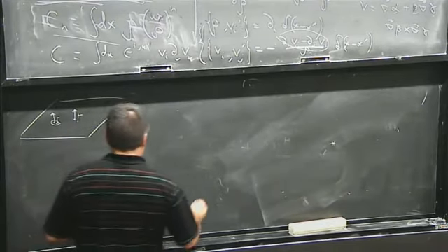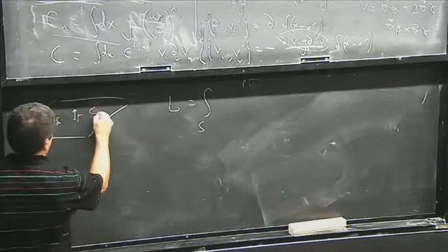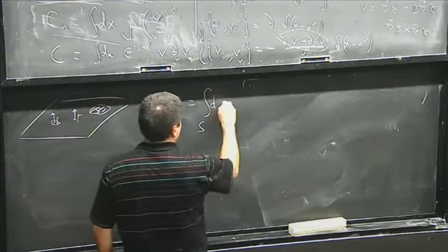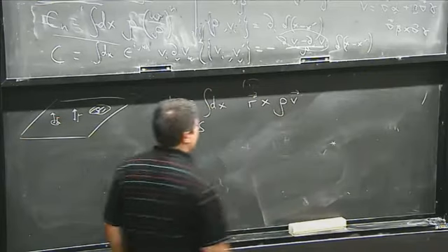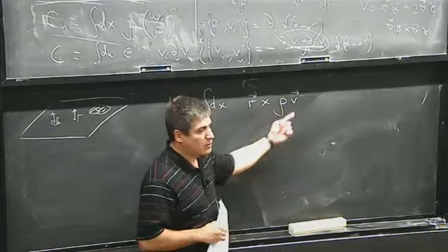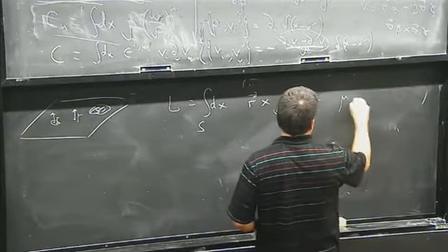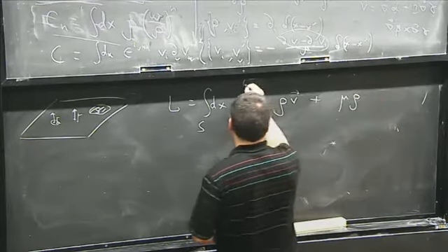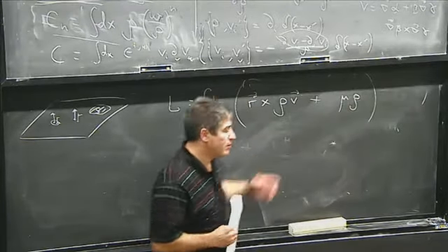Then let's calculate the angular momentum of some small piece S of a fluid. Let's integrate over S of dx. The angular momentum is of course the angular momentum of the fluid moving as a whole, this is R cross P. But in this particular case, plus mu multiplied by rho, because every particle has additional angular momentum mu, so I have to add this.